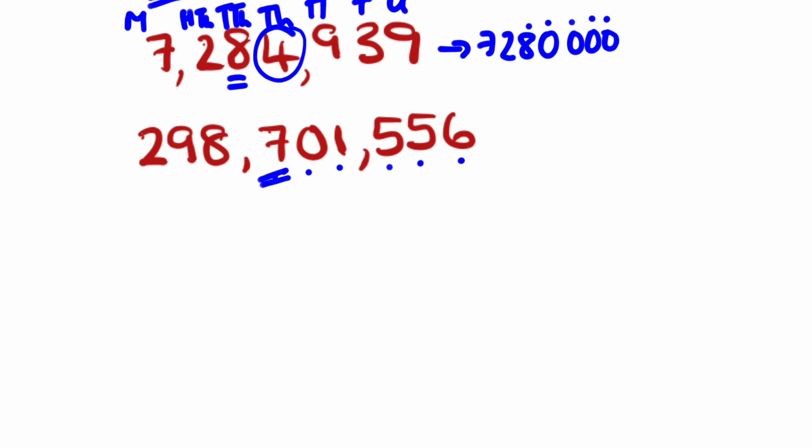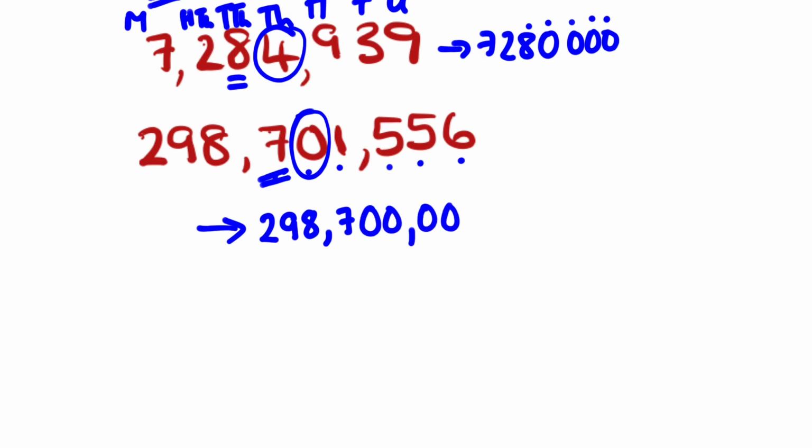So the 7 is in the 100,000s place, and the 0 that follows it tells you to leave it as a 7. So when we round that to the nearest 100,000, we get 2, 9, 8, 7, and then the rest have to be filled in with zeros. So 298,700,000.